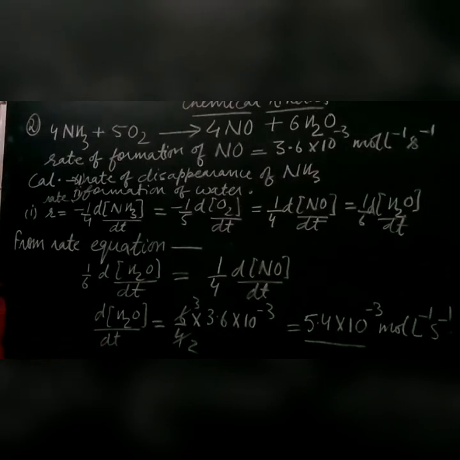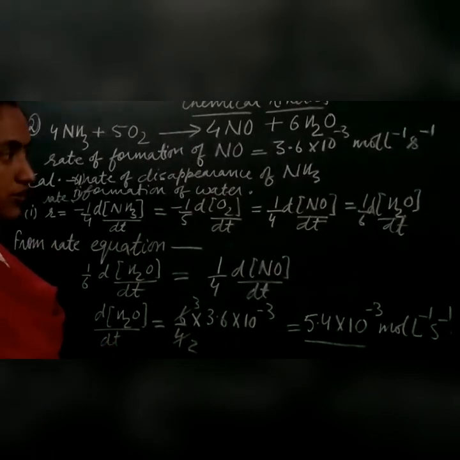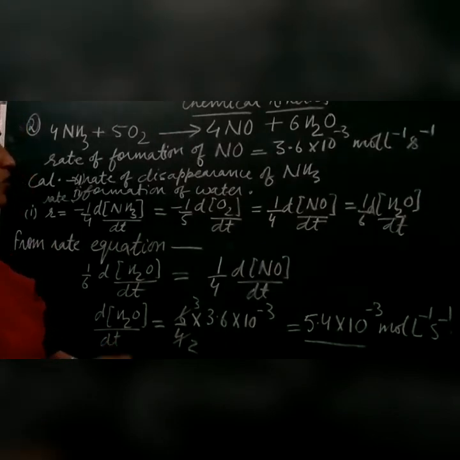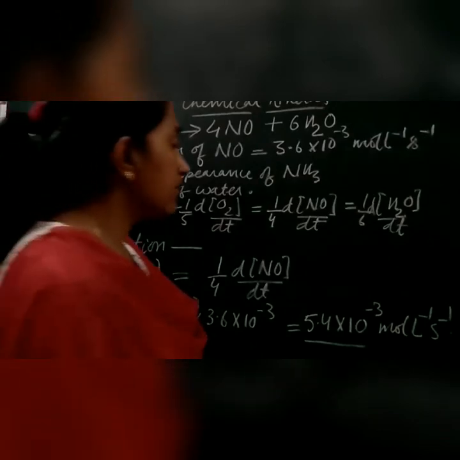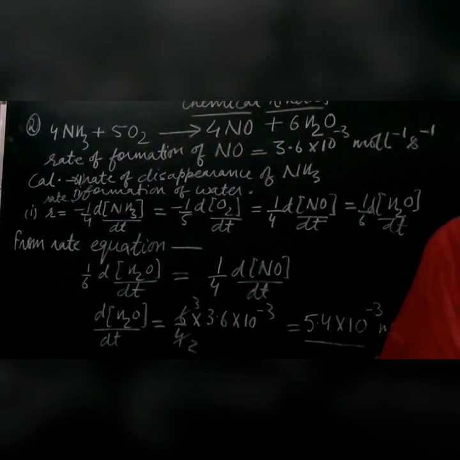So you will practice numericals based on this type, where you have to utilize the rate equation. And one most important thing, I'm repeating again and again whenever we do numericals, don't forget to write down the units, right? Always keep it in mind.